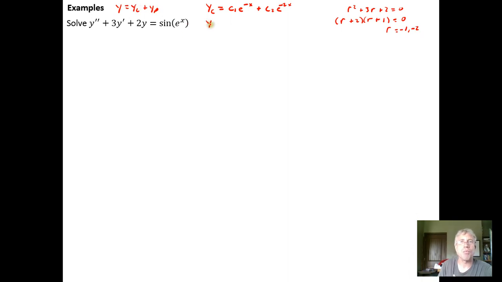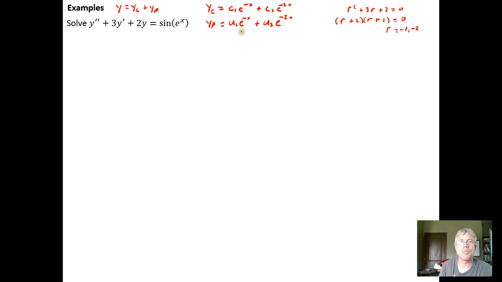So we guess that y particular is going to equal a function u sub 1 times the first solution, which was e to the negative x, plus some function of x, u sub 2, times y sub 2, but y sub 2 in this case is e to the negative 2x.